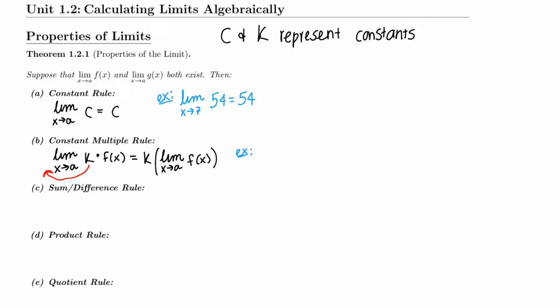An example of this. If you have the limit as x approaches 2 of 4x squared, this 4 can come out front. So this is the same thing as 4 times the limit as x approaches 2 of x squared. And these will make a lot more sense when we get to finally using them.